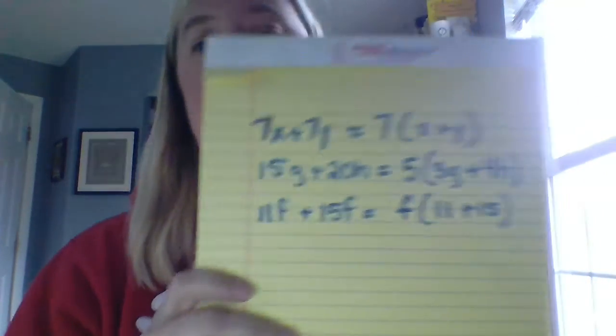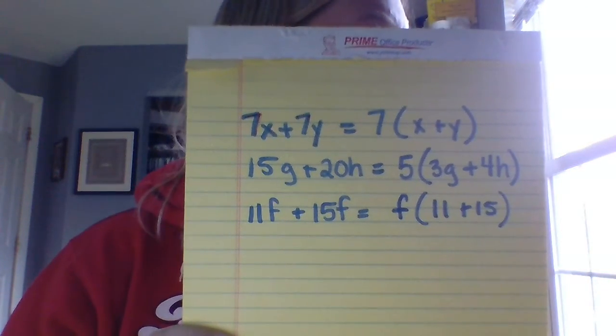So when I look at that one, I know that I'm not going to use 1 as a distributing factor. But oh look, my variable is f in both cases. So I can use the f outside the parentheses to distribute it, and then I would put those coefficients inside the parentheses. So that's how that ends up looking.